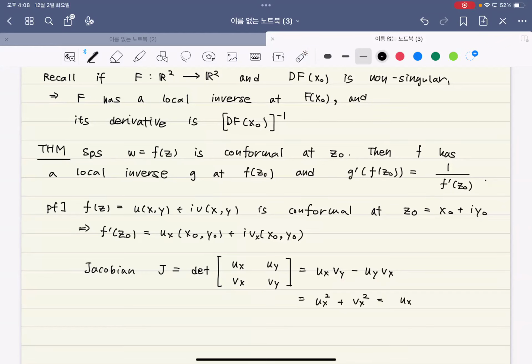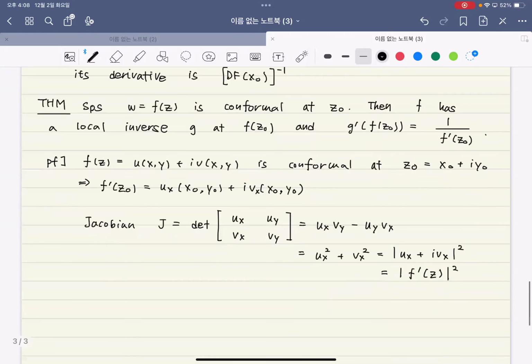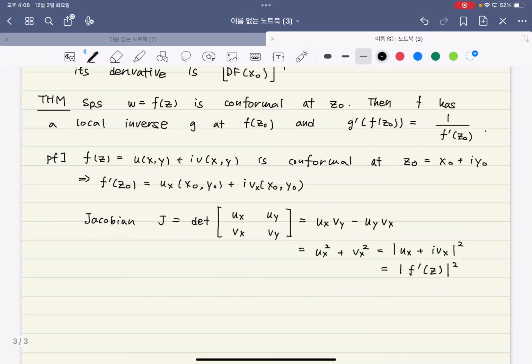This is actually the modulus of this complex number, in other words, the derivative squared. So if your function is analytic, then the Jacobian turns out to be nothing but the modulus squared of your complex derivative.